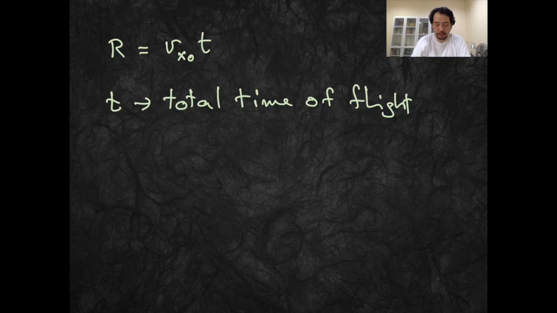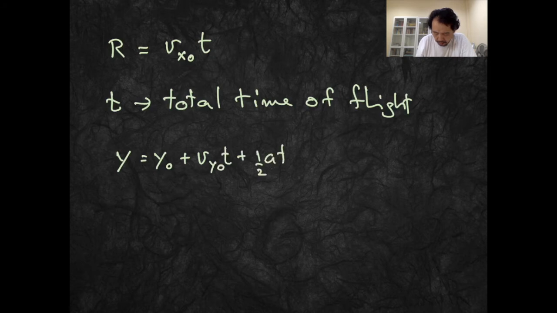Okay. And you can see that the time of flight here can be calculated from the equation y equals y0 plus Vy0 t plus half of a t squared.